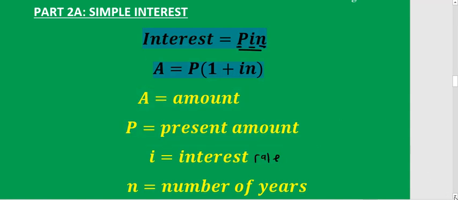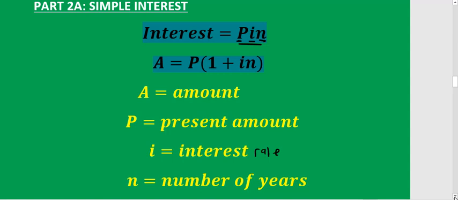And of course, if the question is asking you to calculate the amount that is in the bank, the total amount, then you would use this formula. The amount in the account at the end of the period, you would use A for amount. And of course, P is still for present amount, and the I is the interest rate as indicated before, and the N is the number of years. So let's put this to application.